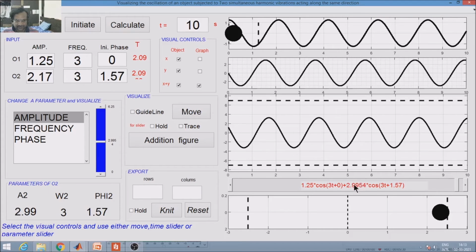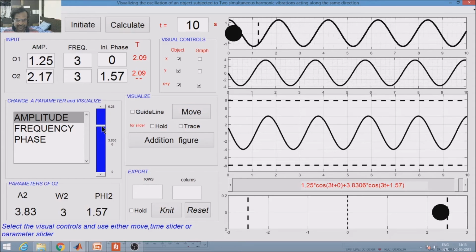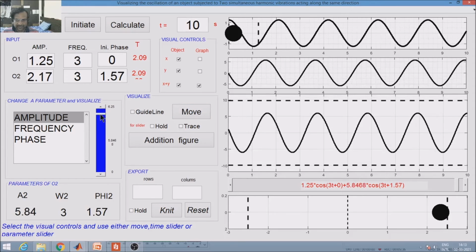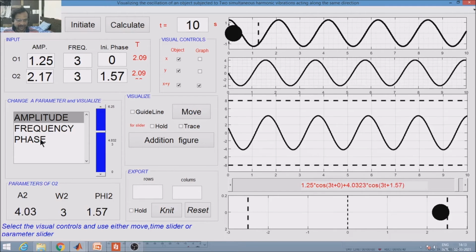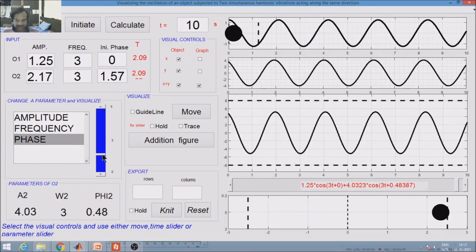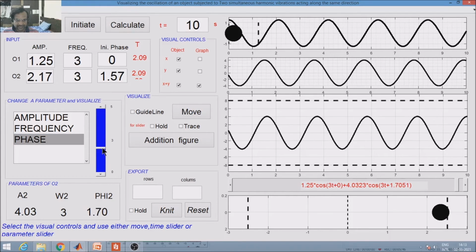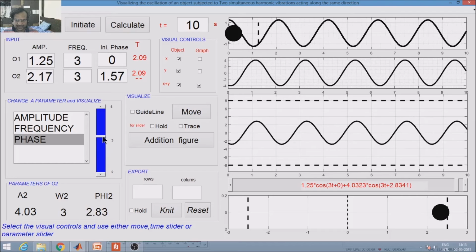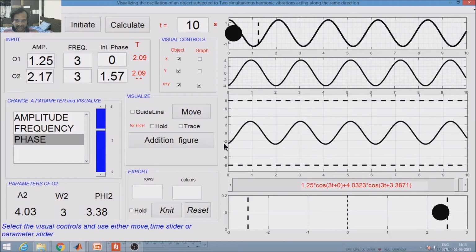Amplitude is changing, now it is about 3. We can see the frequency is same, but the effect is only on the amplitude. Now let us change the phase. With changing phase also the amplitude changes, but frequency is same, and the initial phase also is changing.